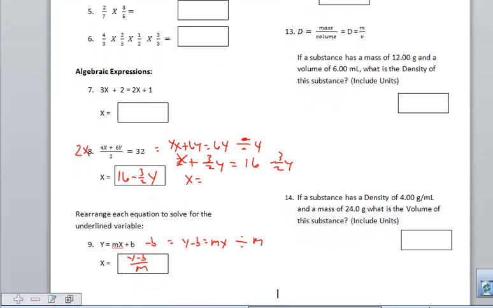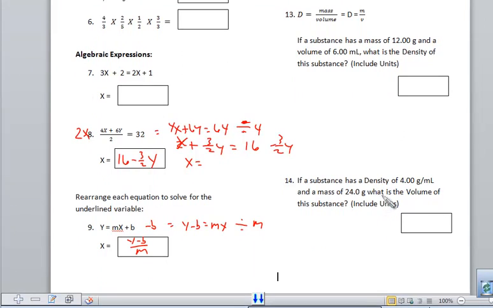So 14, same idea, except instead of solving for density, we're solving for volume. Step 1 is to write the equation D equals m over v. Step 2 is identify the variables. You have density identified as 4.00 grams per milliliter.